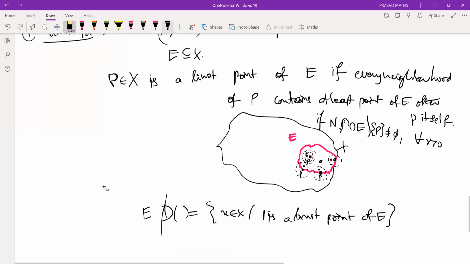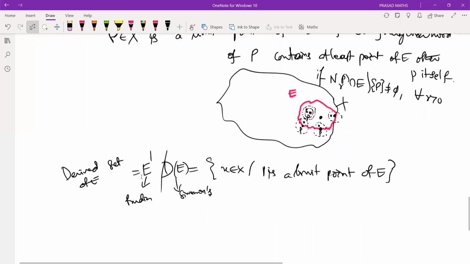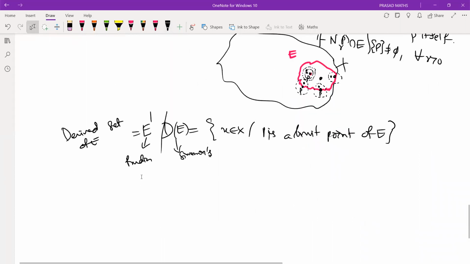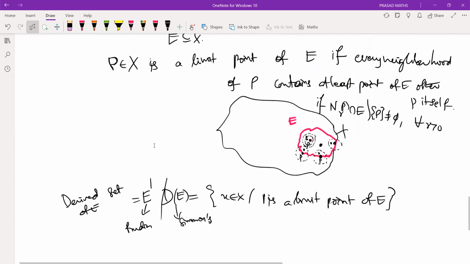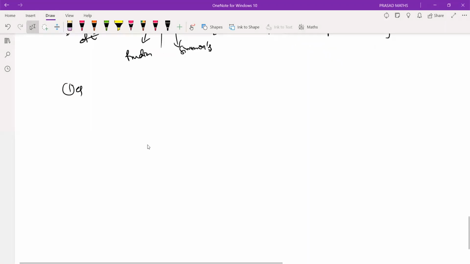D of E, both notations you can follow. This is Rudin's notation, this is the other notation. You can follow any notation. That means the set of all limit points of the set is nothing but the derived set of E, derived set of A. Okay, let me give an example.